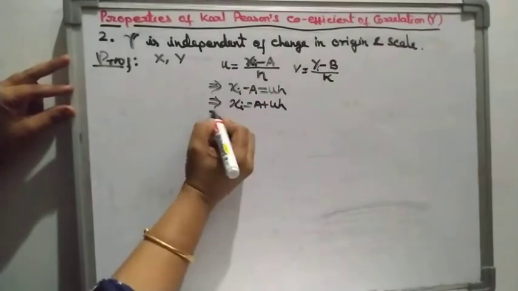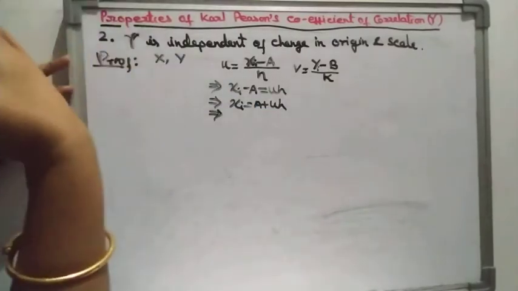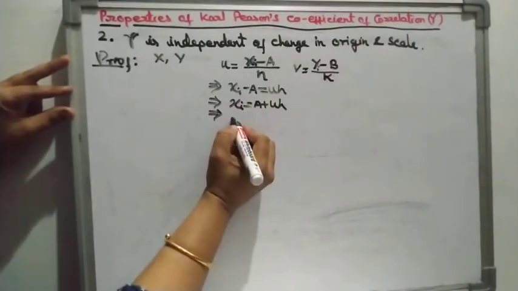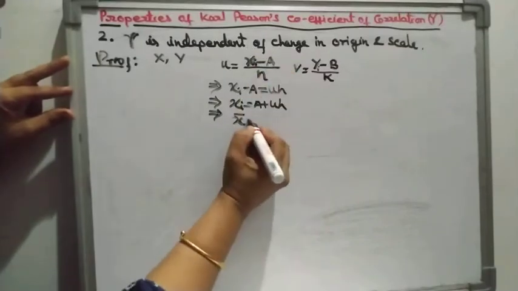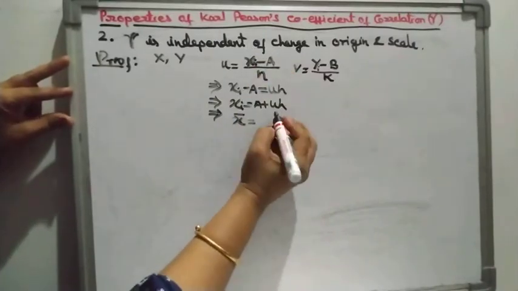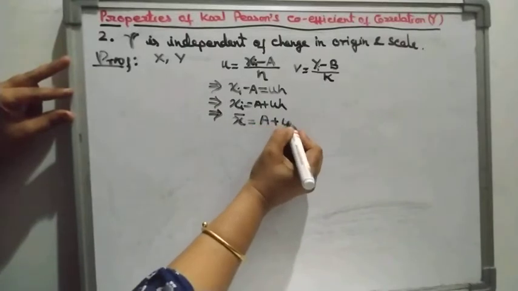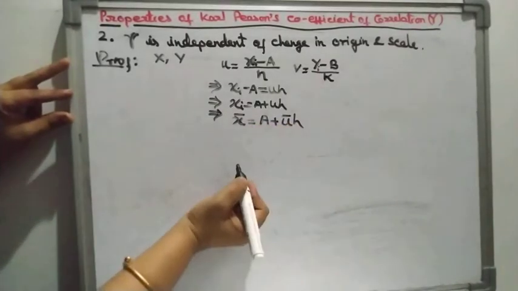Okay. So this will become what? We get the x value. Now we can write x bar is equal to, by the AM property, since these are linearly related, a plus u bar h, we can write in this form.